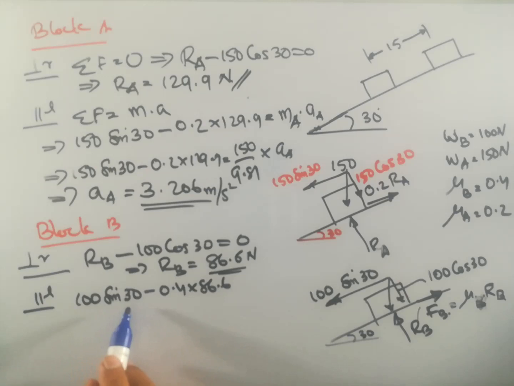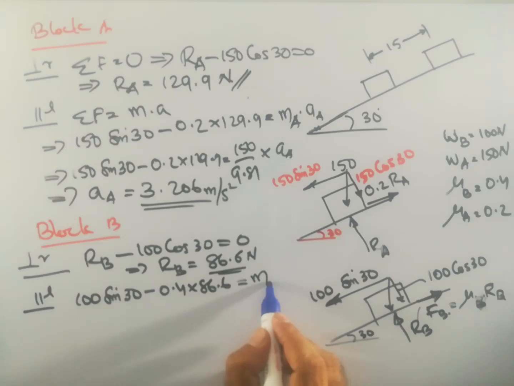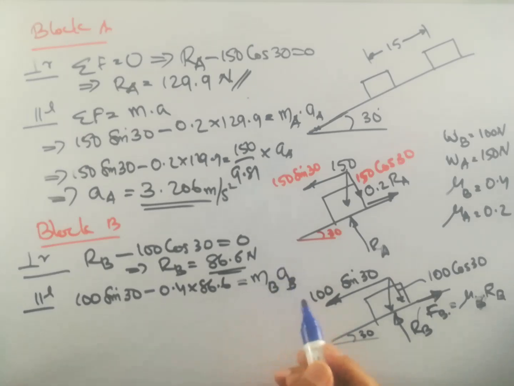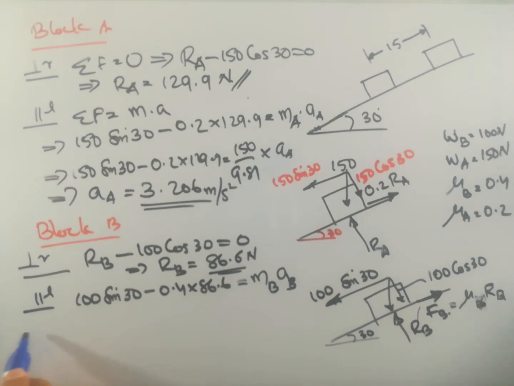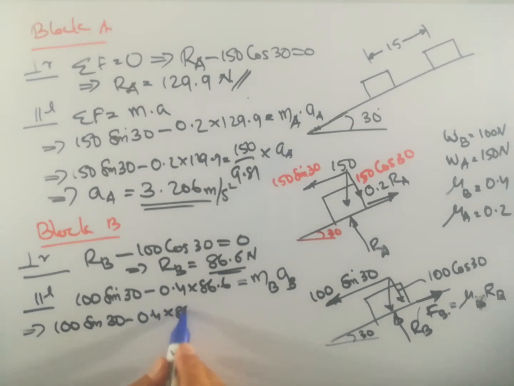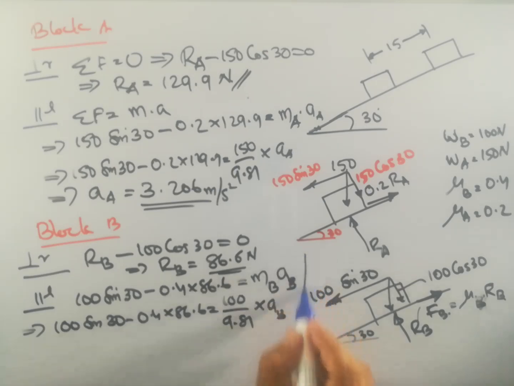So 100 sin 30 minus 0.4 into 86.6 equal to mB aB, where mB is the mass of block B and aB is the acceleration of block B. So 100 sin 30 minus 0.4 into 86.6 equals 100 by 9.81 into aB.